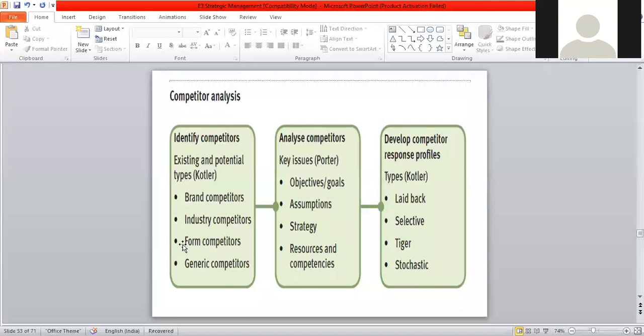Form, it takes different forms of the same product. Okay, form competitors, though their purpose is to sell one type of product, the purpose may be different. Toyota is into selling heavy trucks.